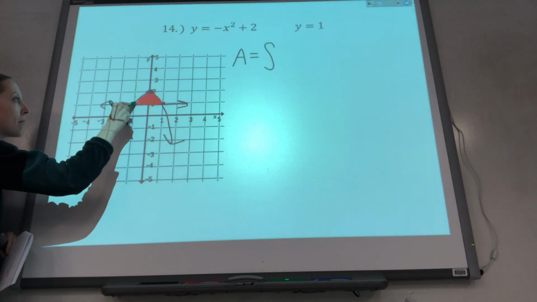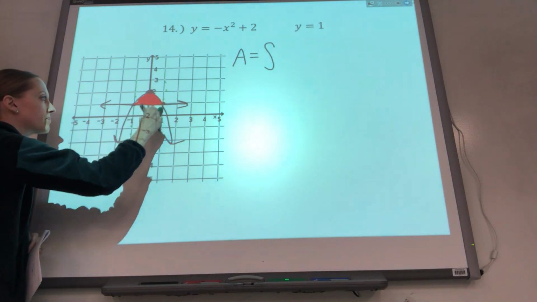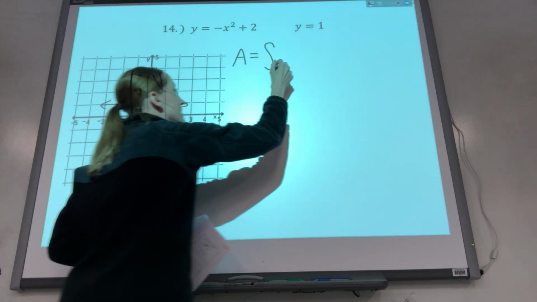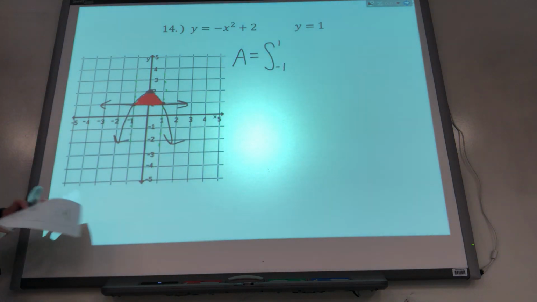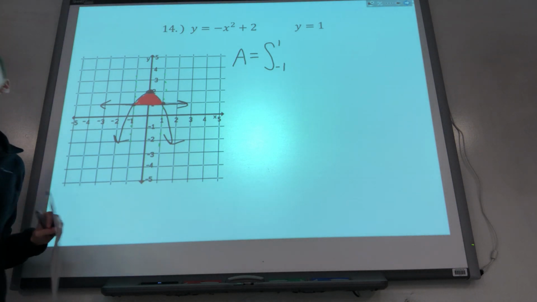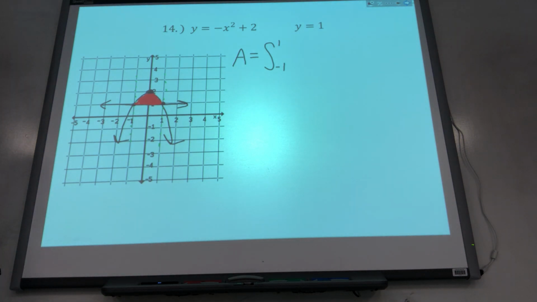I would say for my bounds here, -1 to +1, because I'm thinking of x values. Now, for area, does anybody remember the order of the functions? Something minus something.